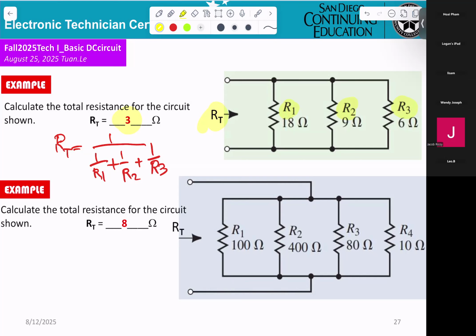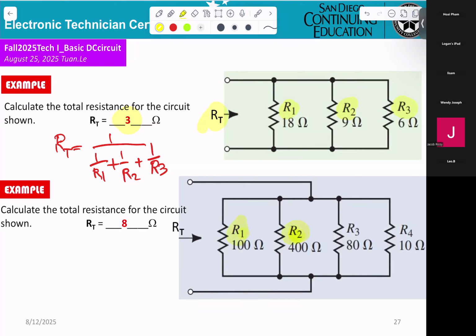And also, now for this circuit, calculate the total resistance. Basically, you're looking at R1 parallel R2.